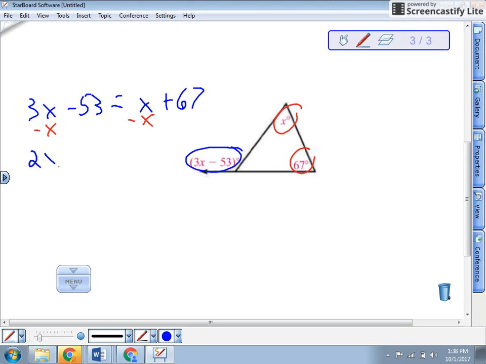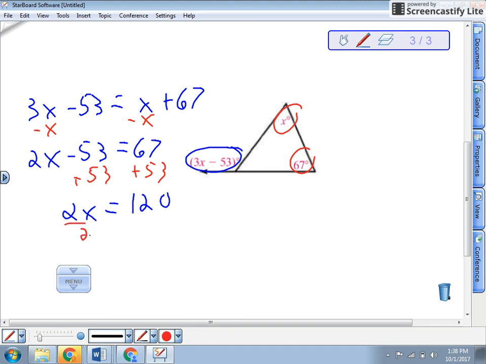So 3x minus x is 2x, minus 53 equals 67. Now I'm going to add 53, add 53. So I get 2x equals 120. Simply divide by 2, and x is going to equal 60. So there you have it. There's the lesson on identifying parts of a triangle and two of the most important theorems that we'll learn about triangles.